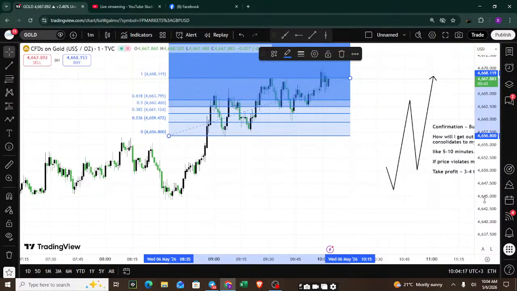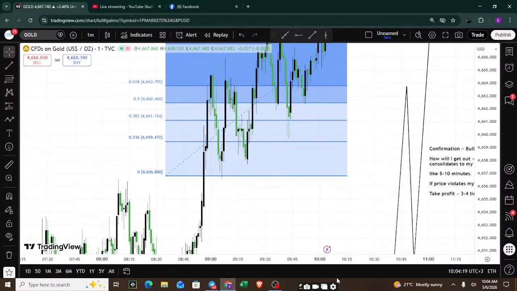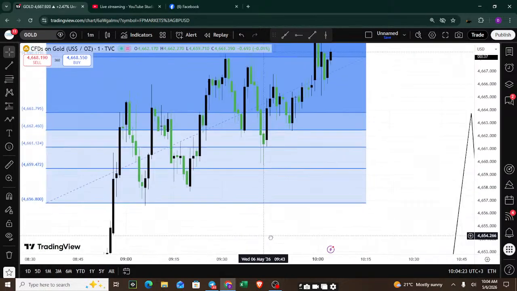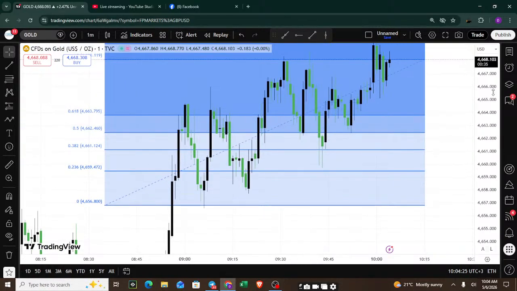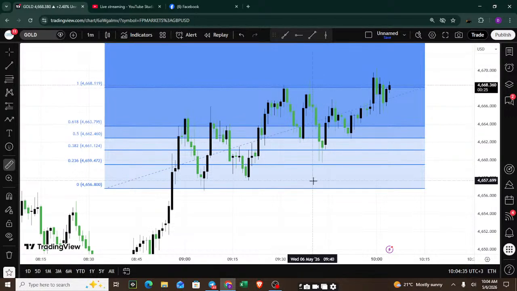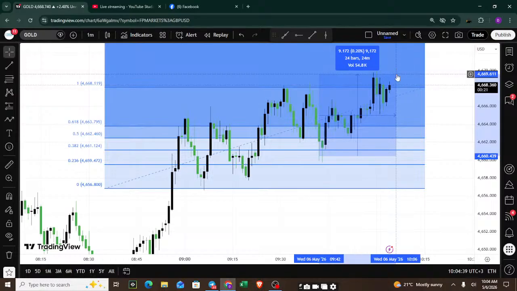So you can see that price wicked into this area of interest and then has gone forward about 90 pips.